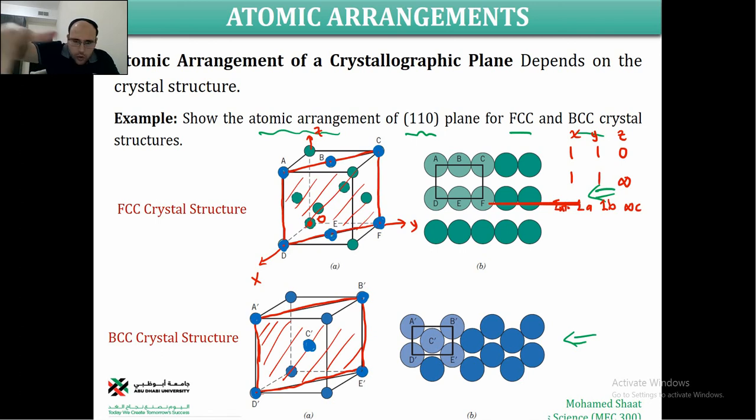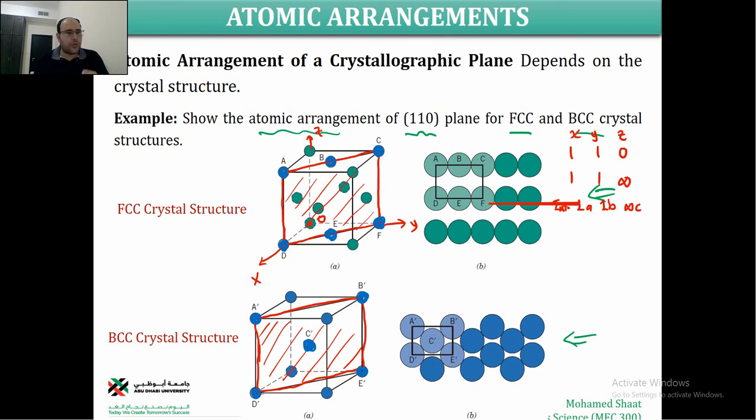So this crystallographic plane is cutting the unit cell into two identical pieces from the middle. It means that this plane is slicing the atom located in the core of the unit cell. This atom C', which is located in the core, belongs to this plane. It is one of the atoms that will be shown over that plane.